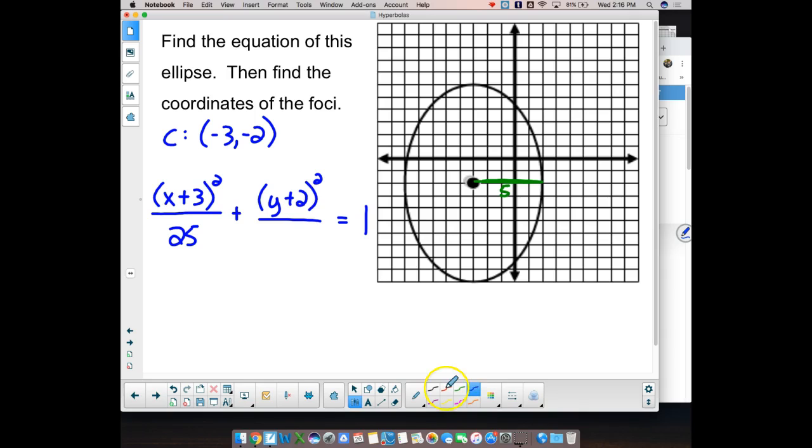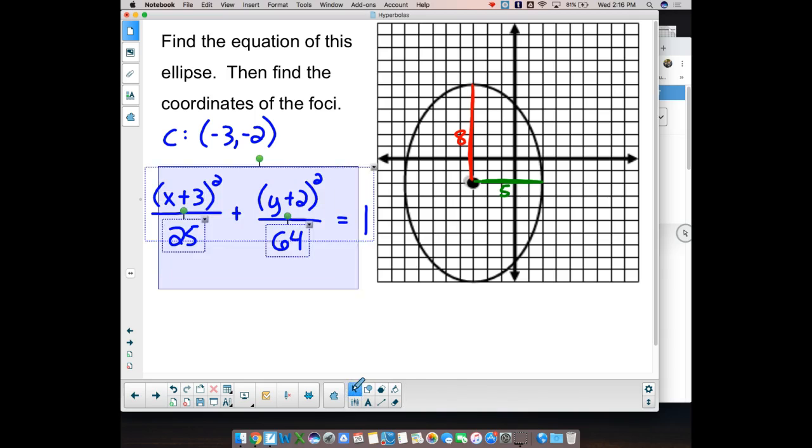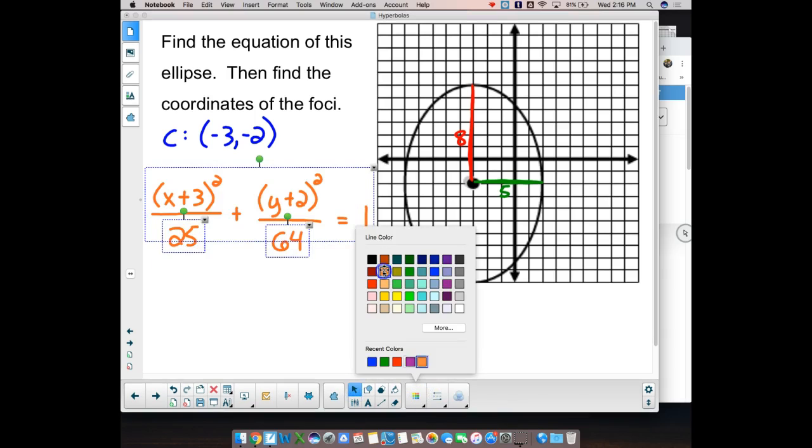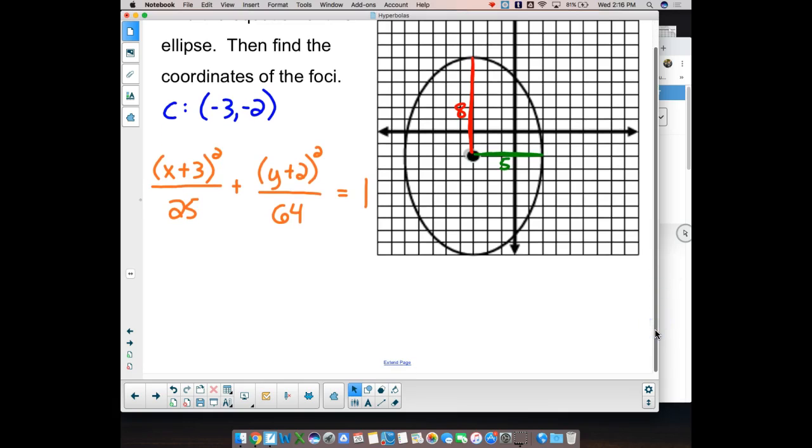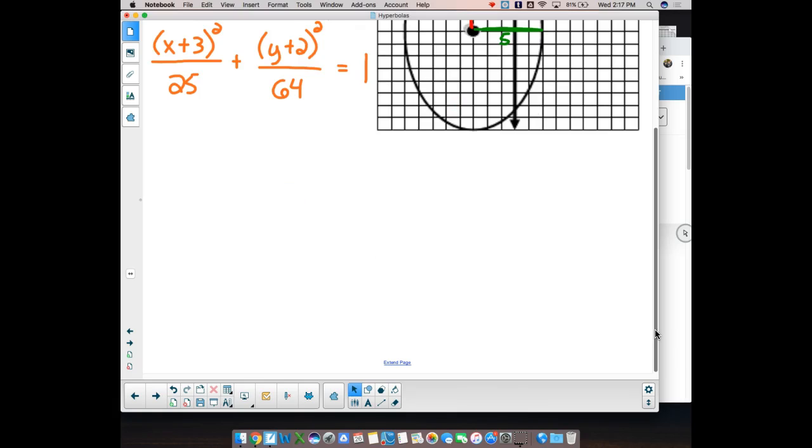Then I'm going to count this distance, and that distance is 8, which makes this over here be 64. So that is the equation.